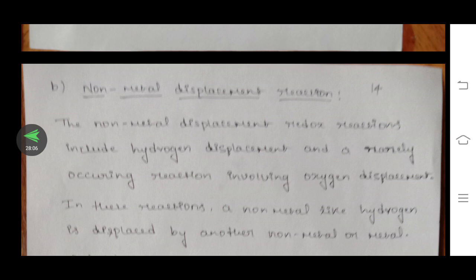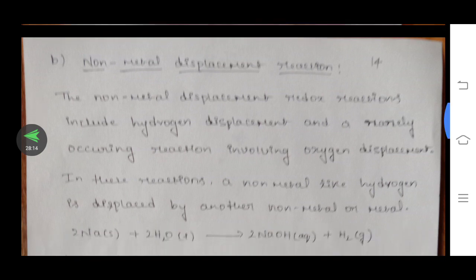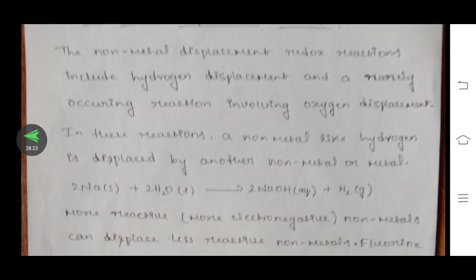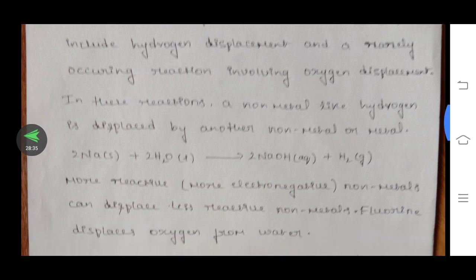Now the second one, non-metal displacement reaction. The non-metal displacement redox reactions include hydrogen displacement and a rarely occurring reaction involving oxygen displacement. In these reactions, a non-metal like hydrogen is displaced by another non-metal or metal. Example, 2Na plus 2H2O gives 2NaOH plus H2.